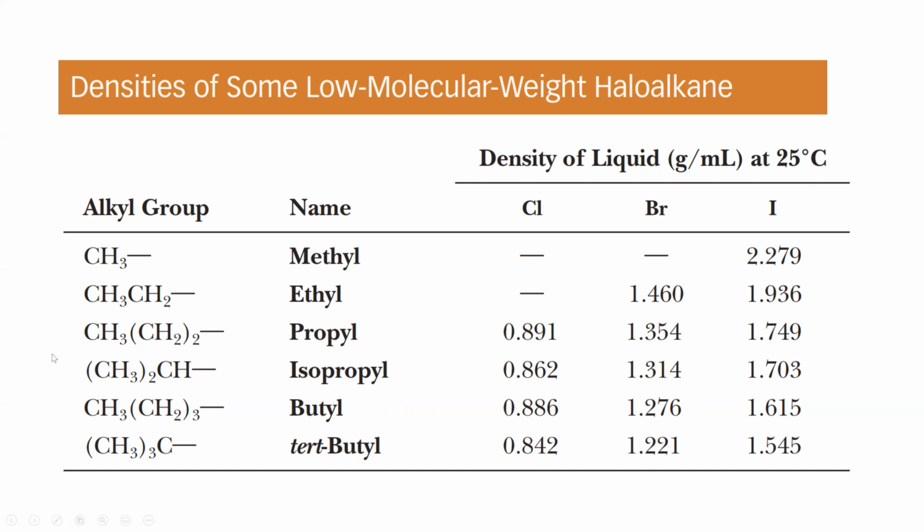This example is just with one substitution, the replacement of one hydrogen with chlorine, bromine, or iodine. So this is methyl, ethyl, propyl, isopropyl, butyl, and tertiary butyl.